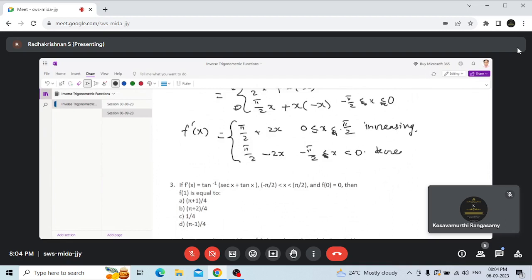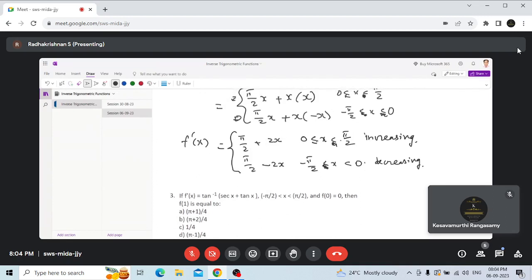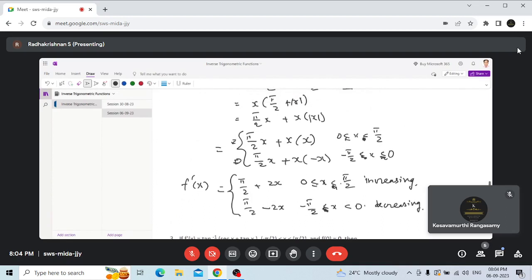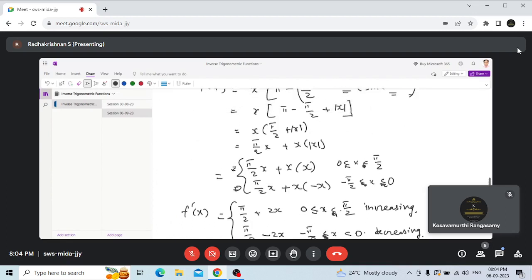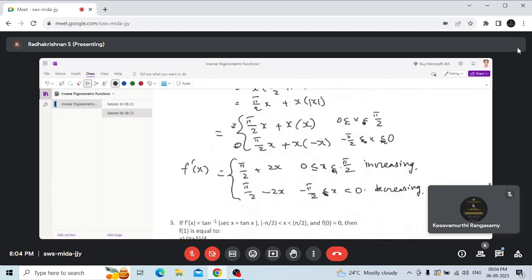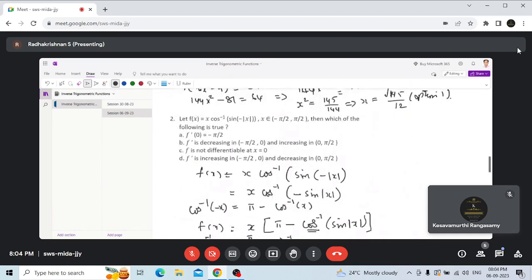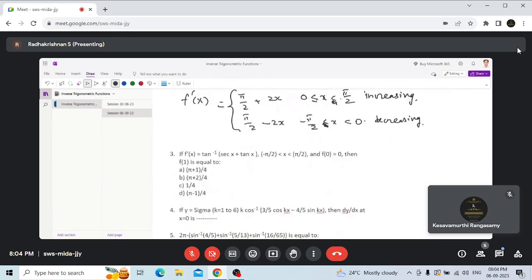So this is the option you have to choose. Which option is that? It is decreasing in this range and increasing in this range. Option D.